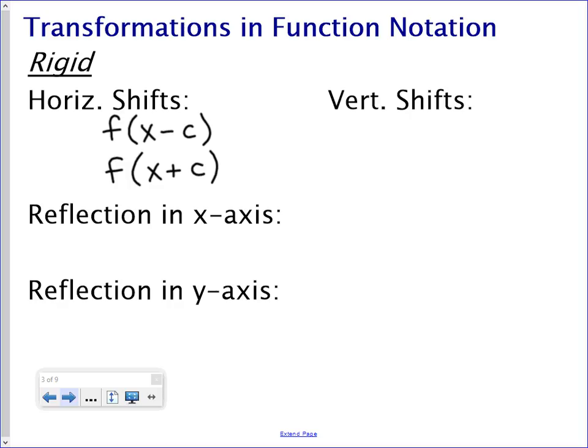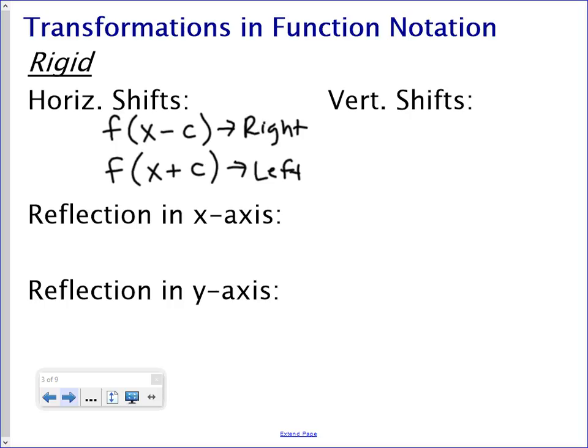And f of x minus c moves us to the right. f of x plus c moves us to the left. I always tell students, when you put something in the parentheses with x, it does the opposite of what you think it will do. So like normally negatives would go left, but here we actually go right.